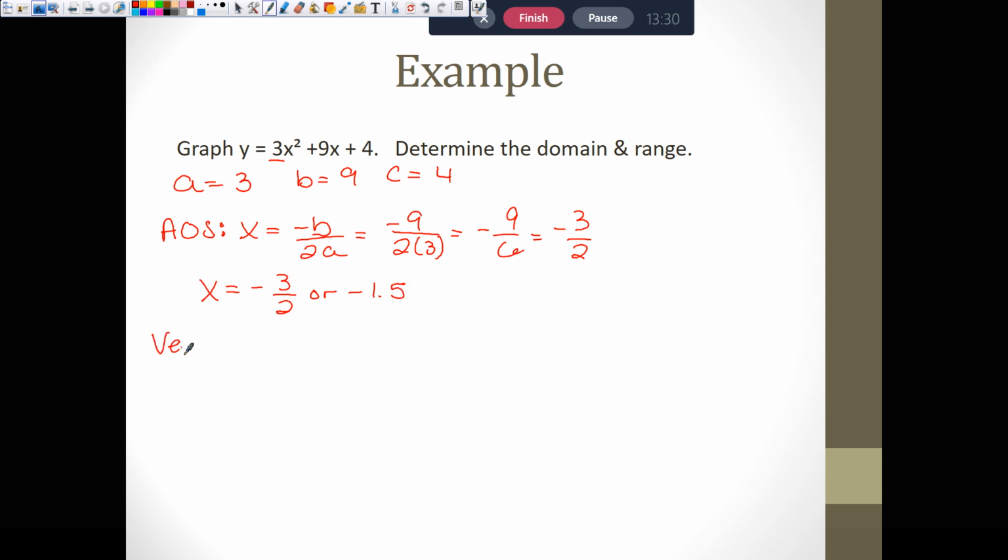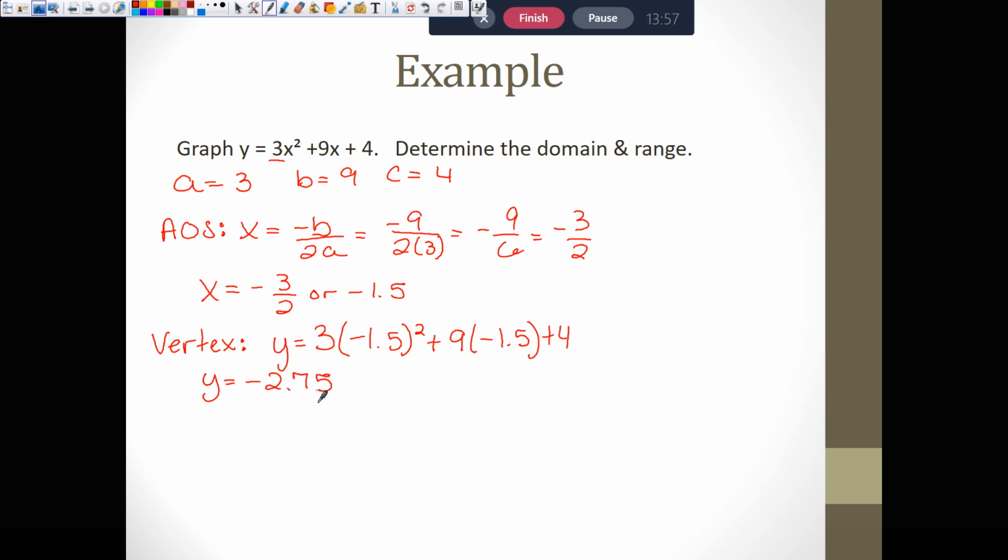So our vertex, we will have y equals 3 times -1.5 squared plus 9 times -1.5 plus 4. So our y will equal -2.75.